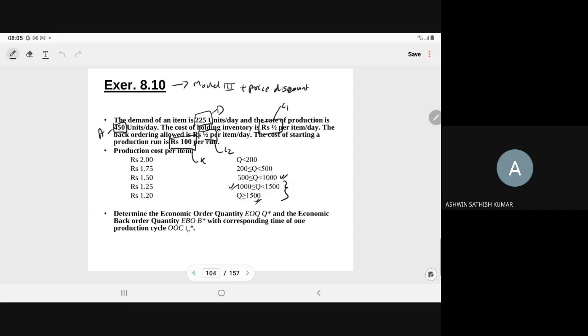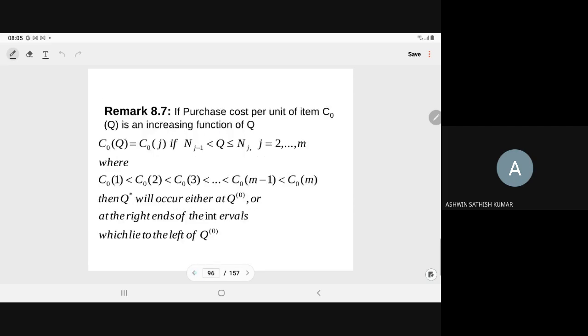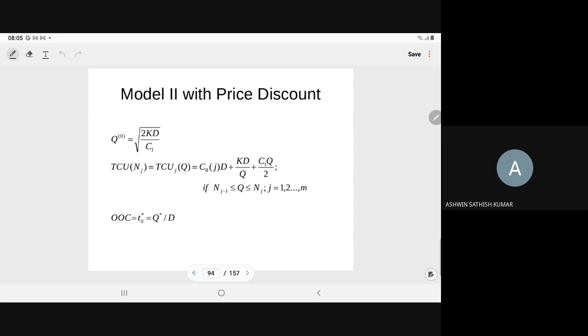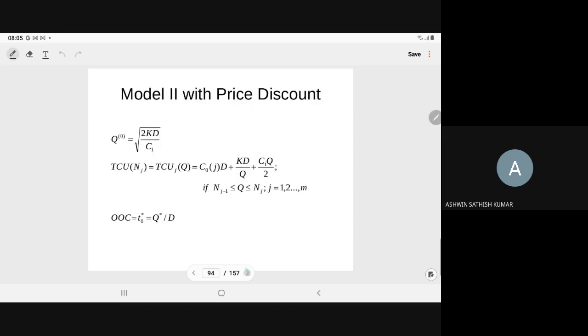Now we compute the TCU. TCU for the model third we have seen: C naught into D plus KD upon Q plus (C1 C2 upon (C1 plus C2)) into Q (1 minus D upon A) upon 2.